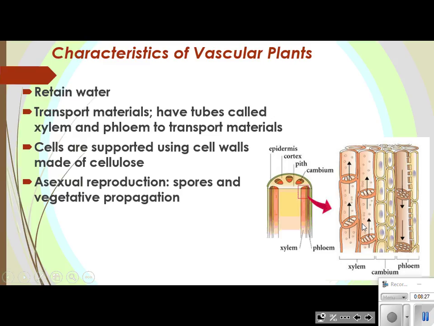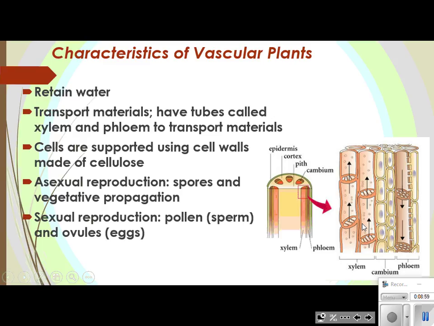Go to your vocab page. Vegetative propagation. You got it? What is it? Once again, a small part of the plant will break off and form a new plant. Vegetative propagation. I'm in a lot of trouble with that word.